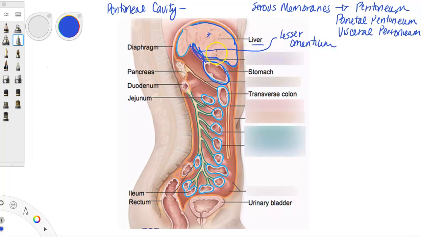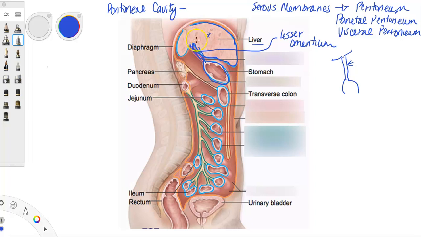And it connects the liver to the stomach. Okay? But it's part of the visceral peritoneum. But where the liver is here and then it comes down, and then here's the stomach, it creates this little sandwich of peritoneal membrane there.